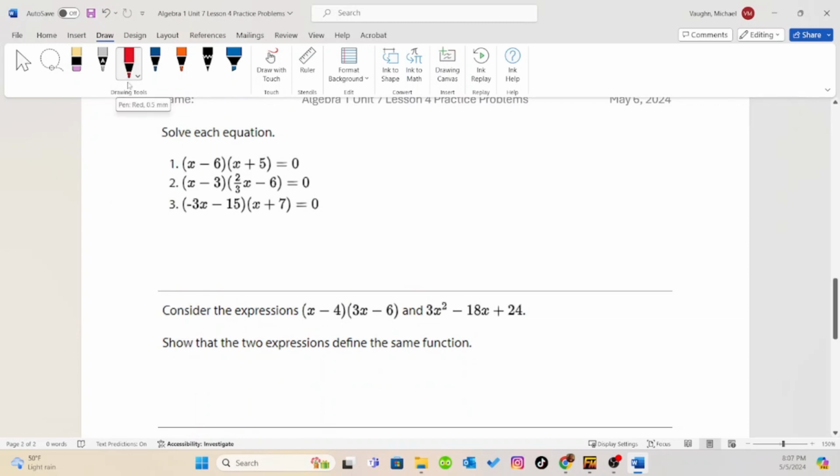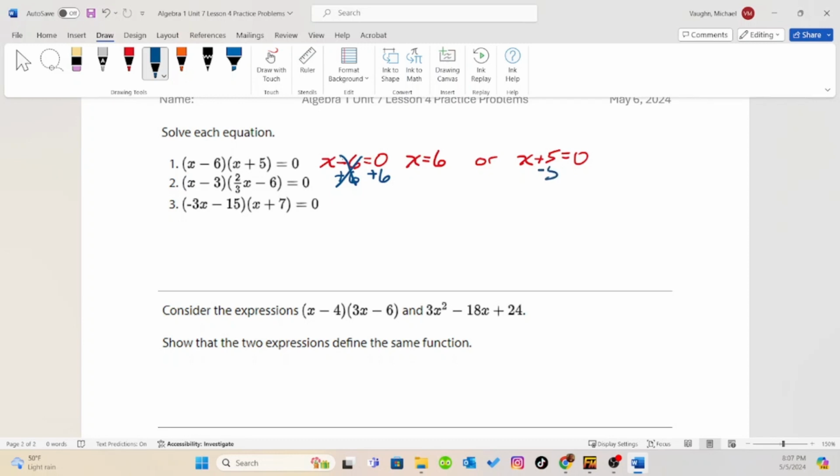Page 2. Solve each equation. For number 1, either x minus 6 equals 0, in which case we would add 6 to both sides to eliminate it on the left, and we would get x equals 6, or we have x plus 5 equals 0.